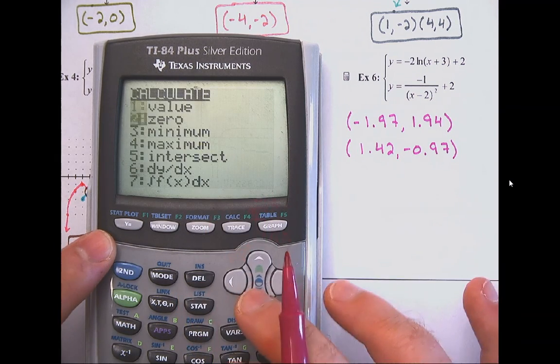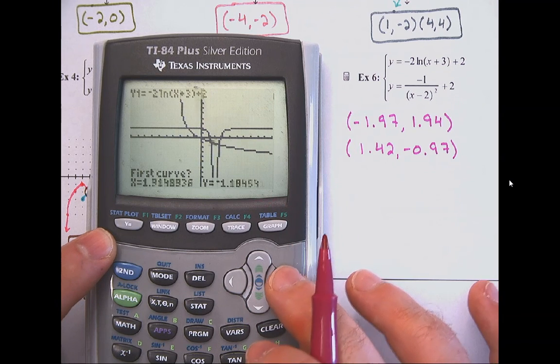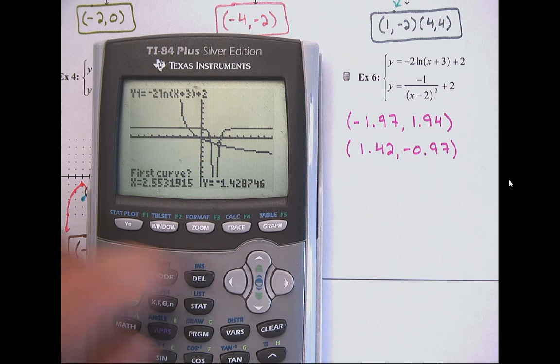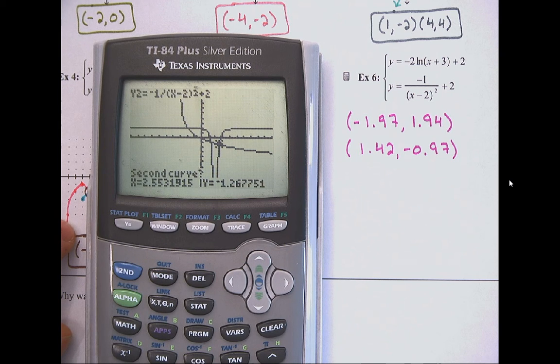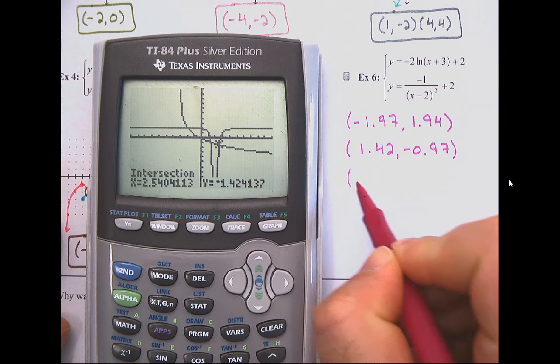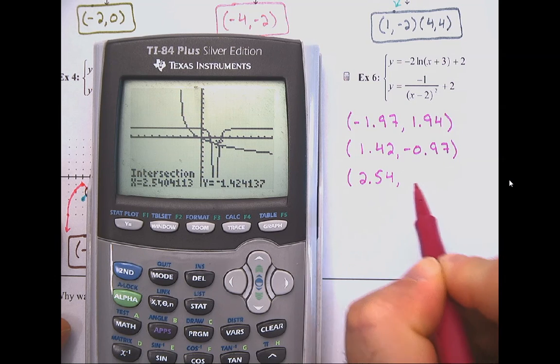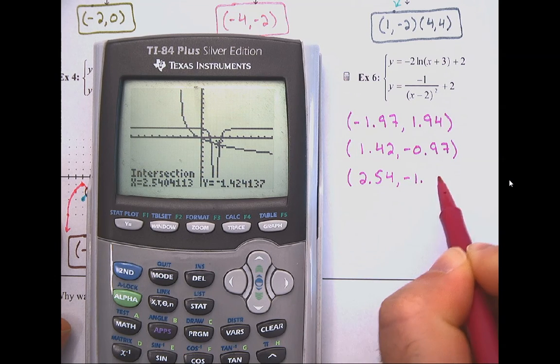So second calc again, intersect again, and I'm going to move my cursor as close as I can to where I think the intersection is, and then enter, jumps to the second curve, enter, and then take your guess, enter, and we get 2.54, comma, -1.42.